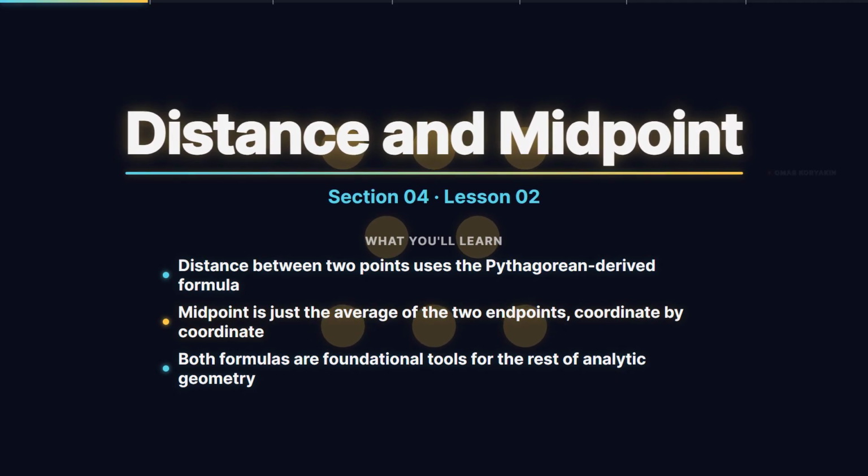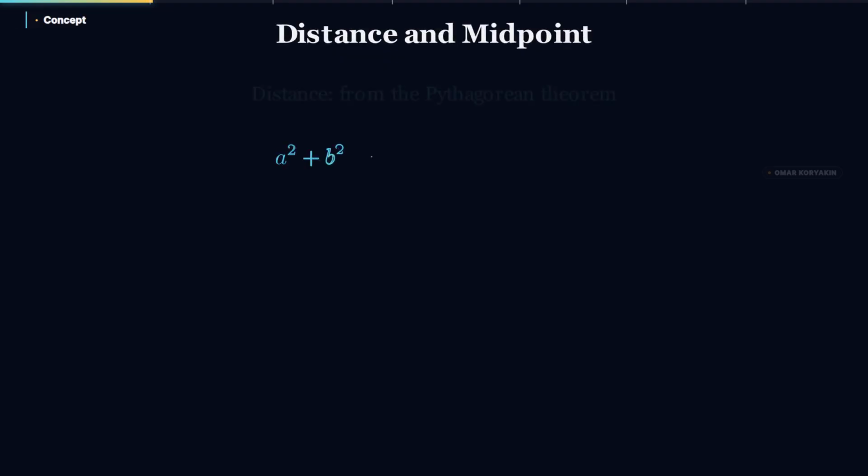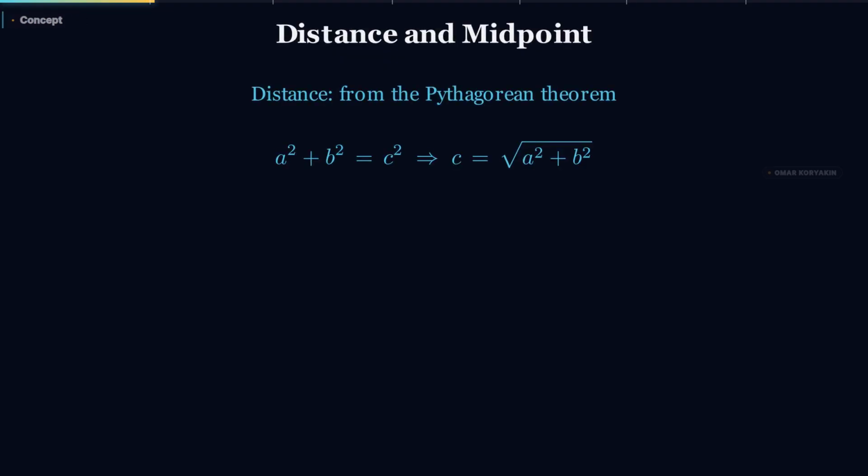Today's two examples walk through one clean distance computation and one clean midpoint computation. The distance formula comes from the Pythagorean theorem. Given 2 points x1, y1 and x2, y2 on the coordinate plane, the horizontal separation is the difference x2 minus x1 and the vertical separation is the difference y2 minus y1.